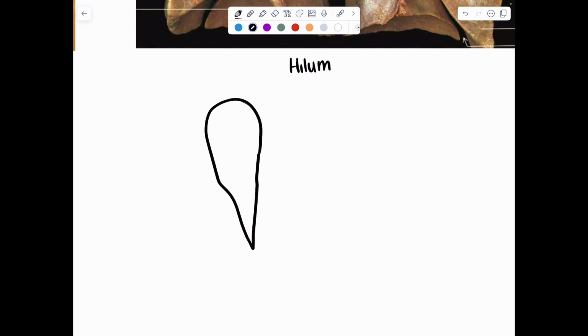Now some of the main things that we see. I'm going to do this in blue, because blue is deoxygenated. We're going to see our right pulmonary artery, because remember, the pulmonary arteries are carrying deoxygenated blood. The other thing is we're going to have the right side of our pulmonary veins coming out. Now, there are 2 of them.